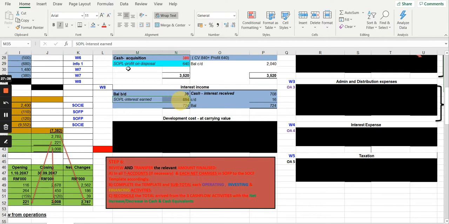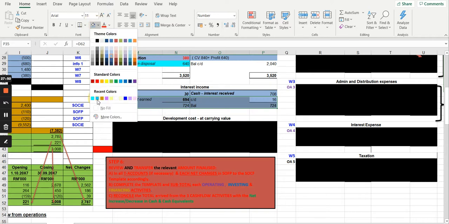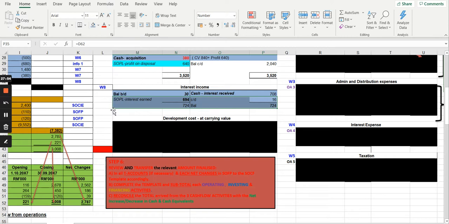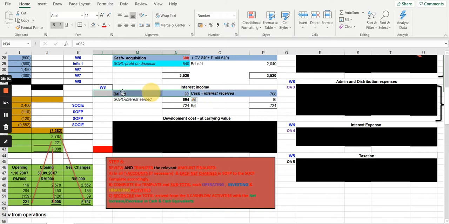That interest earned is in your SOPL, right? But we are interested in the interest received. Interest earned is in the SOPL, but we are more interested in the interest received because those are part of the cash flow from investing activities. So this cash that I put here is because we receive cash. How much? By putting the balance brought down, the balance carried down, and the interest earned.